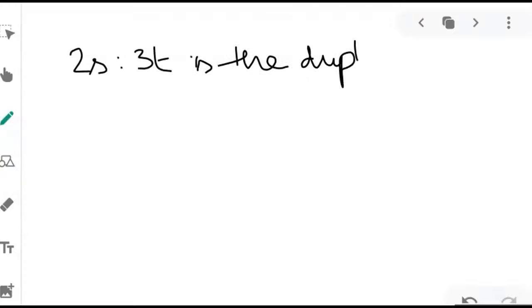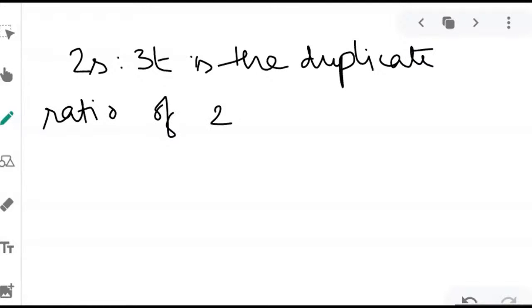Next, which question do we need to take? 21st, ma'am. 2s is to 3t is the duplicate ratio of 2s minus p is to 3t minus p.